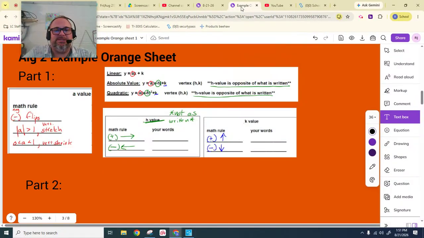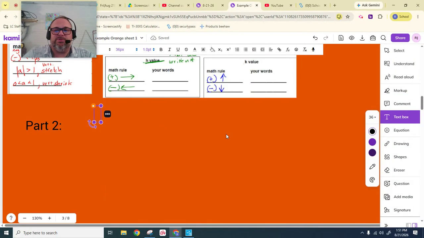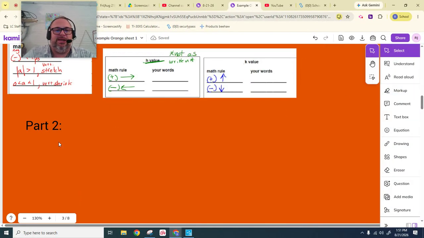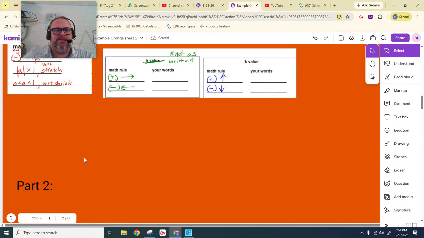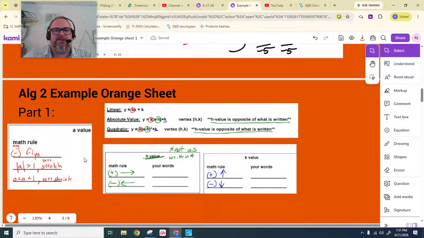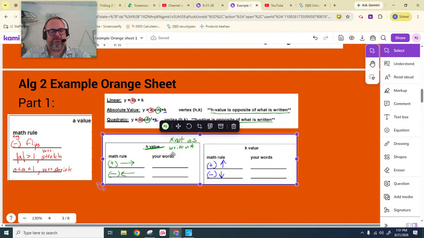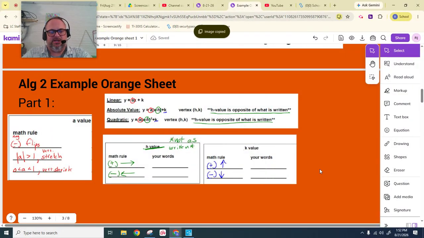And now, your orange sheet. I did walk around and see, here's the example of my orange sheet. I put those rules on here. I already had kids telling me it's not fair that yours isn't printed or mine isn't handwritten. And I'm like, well, unlike you, I have graduated high school.